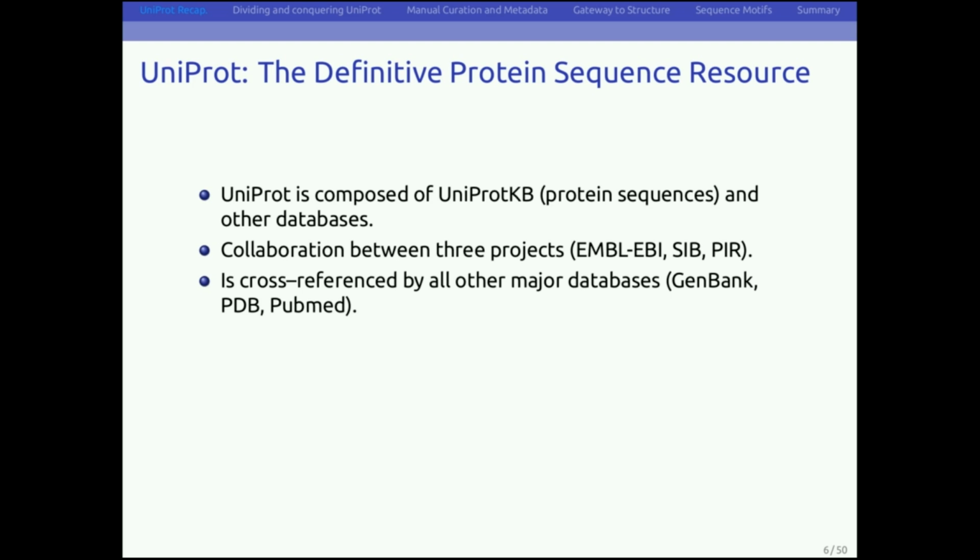If there's a publication about some protein sequence that's been discovered, there will always be a link to the UniProt accession number or the accession ID or the retrieval ID or the unique identifier for that sequence inside UniProt.